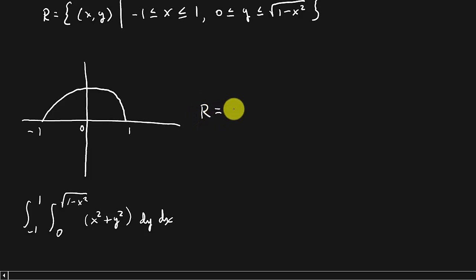We're going to get everything in polar coordinates now. So that's the set of r theta such that, now look at this. What is r between? R is between 0 and 1, right? And theta is going from what? 0 to pi.